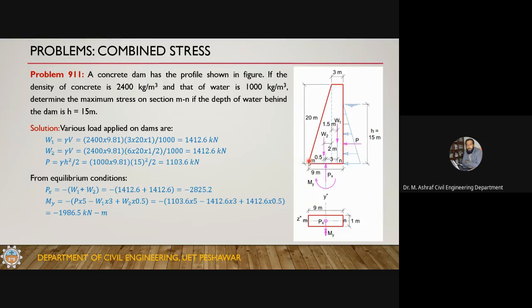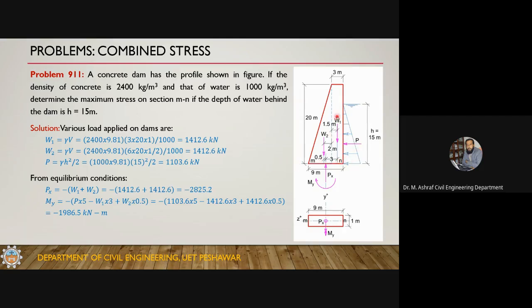There is a possibility of high stresses at this M, and a possibility of tensile stresses at this end, because there may be an uplift when you apply this force, so this point N may uplift. So we want to investigate the stresses along this MN.